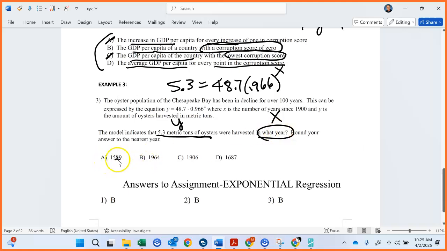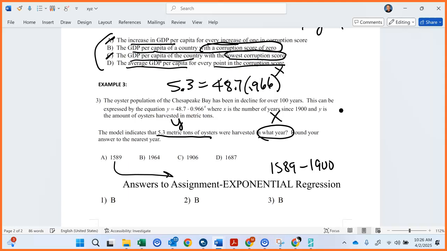So maybe, for example, starting with 1589. How many years is that since 1900? You have to remember, we have to subtract to get years since 1900. That would actually be a negative number, wouldn't it? So we'd have to go 1589 since 1900.